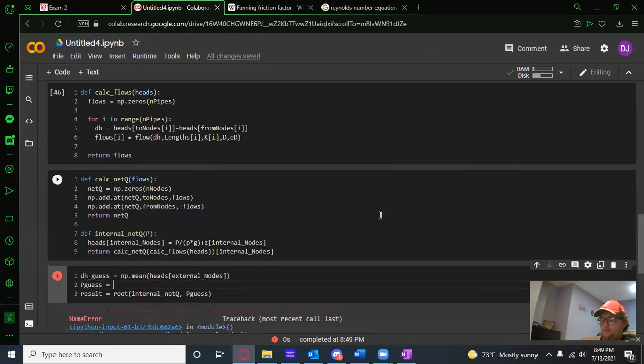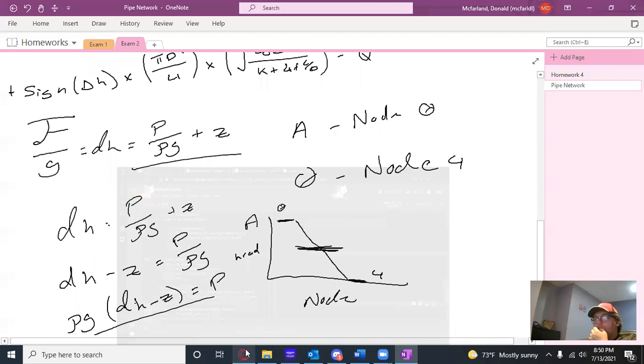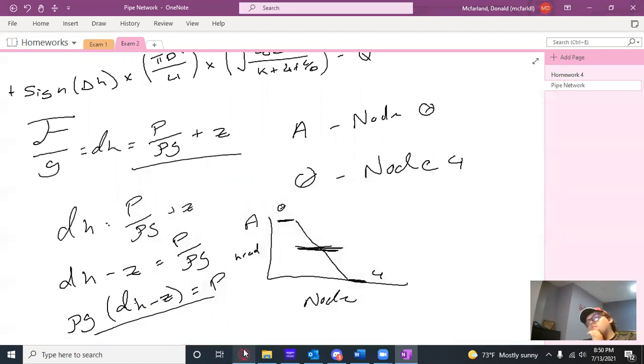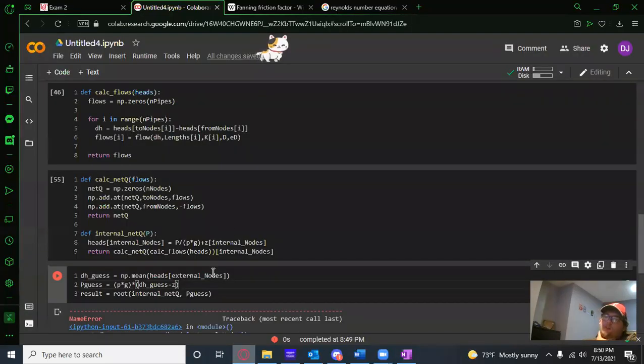So our rho times gravity multiplied by our delta head subtracted by our Z, which, okay, for the internal, they're all 0, so it should not really matter.